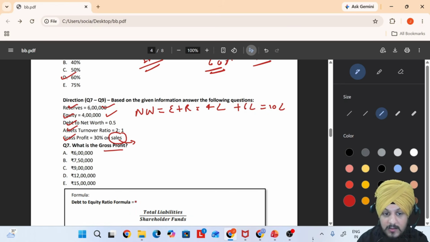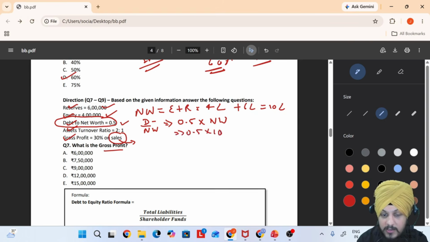Now the next thing that is provided to us is the debt to net worth ratio. So what is the debt to net worth ratio? It is 0.5. If I write it over here, debt to net worth ratio, and now if you try to calculate debt, debt is going to be 0.5 into the net worth, which is 0.5 into 10 lakh, because the debt to net worth ratio is 0.5.